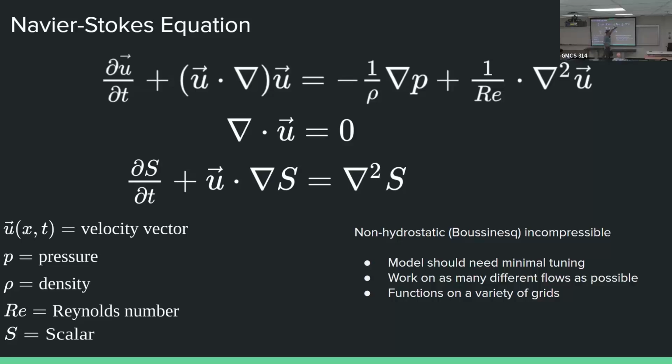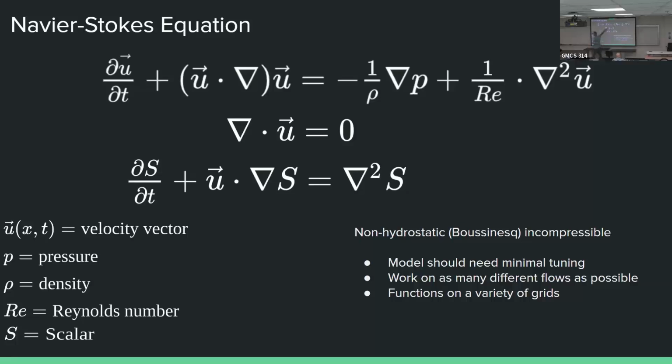There's a density, a pressure, and then a diffusion term. For those of you who are super psyched on this, there are a bunch of other forcing terms, things like Coriolis and the subgrid stress tensor, but for sanity and brevity, I just left them off. They're there in the model.